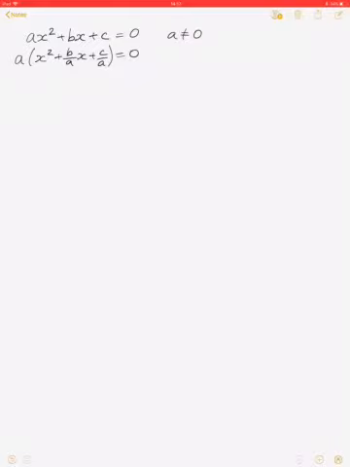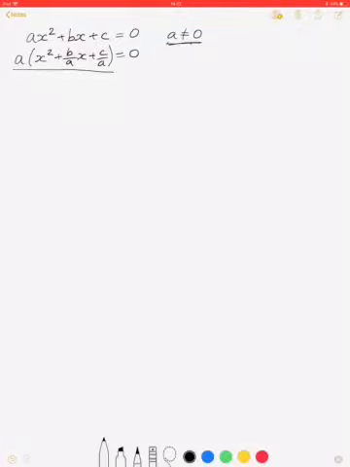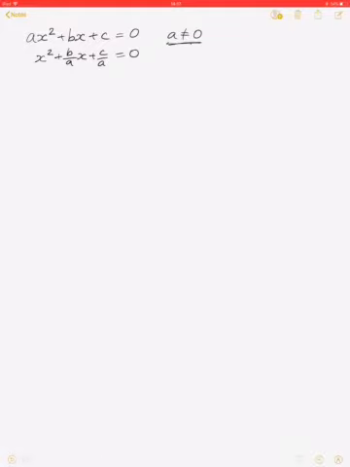But if we look at this new expression, we've got a product of two things, the a and the quadratic expression inside the bracket. And if the product of those two things is 0, and the first one, the a, is not equal to 0, then the second one must be equal to 0. So I can update that line really. I can get rid of the a and the bracket, and I can just say that that quadratic expression there must be equal to 0.